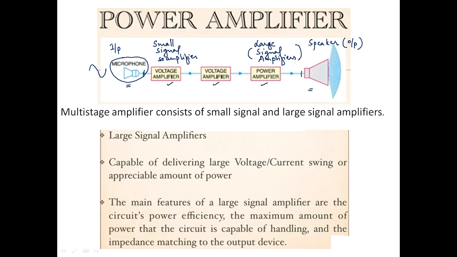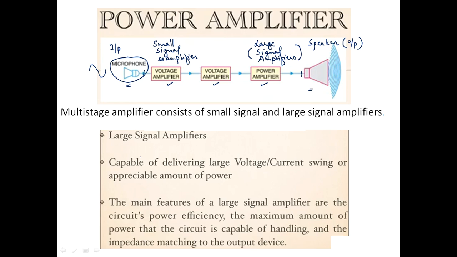While traveling, there may be a probability that noise may interfere. There may be a probability that after each successive stage the signal strength may reduce. So it is the duty of these intermediate amplifiers to strengthen the signal, so that at the output side we get a large amplified high power output signal.